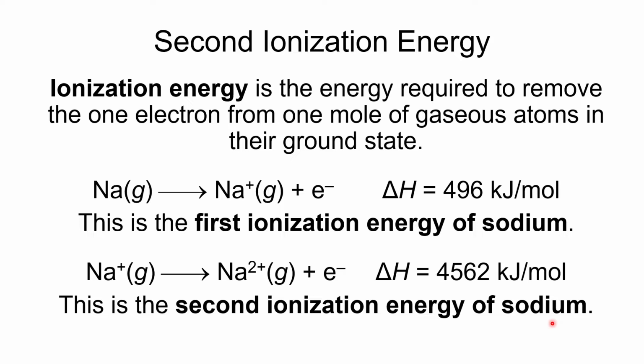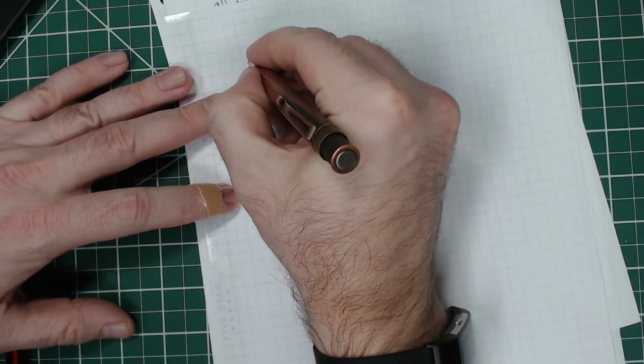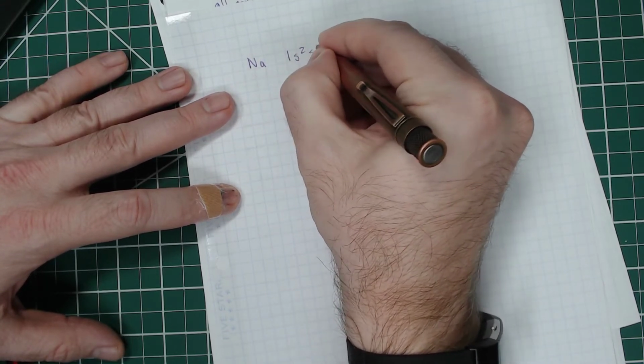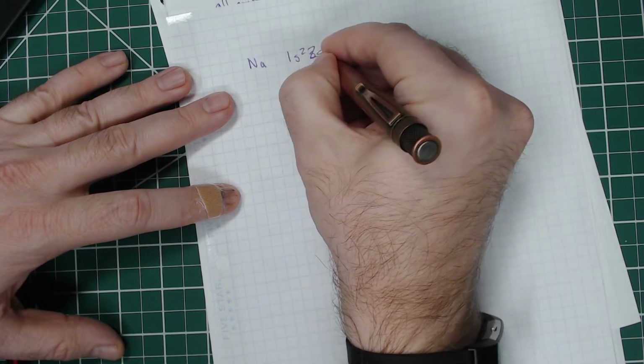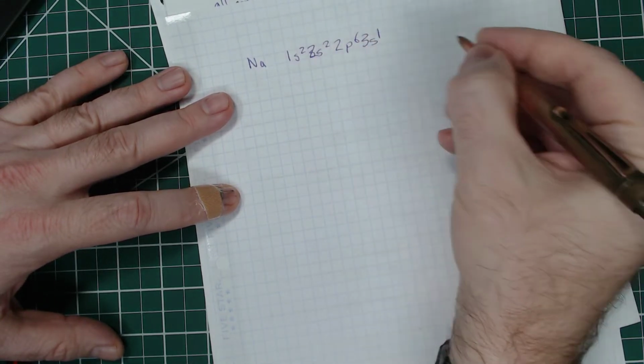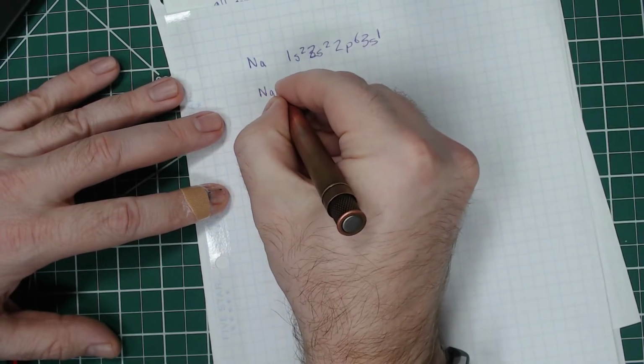So just real briefly, I don't have this typed out, but let's go over and look at this. For sodium, we've got an electron configuration of 1s2, 2s2, 2p6, 3s1. And if we remove 1 electron from that, we'll have sodium plus 1.